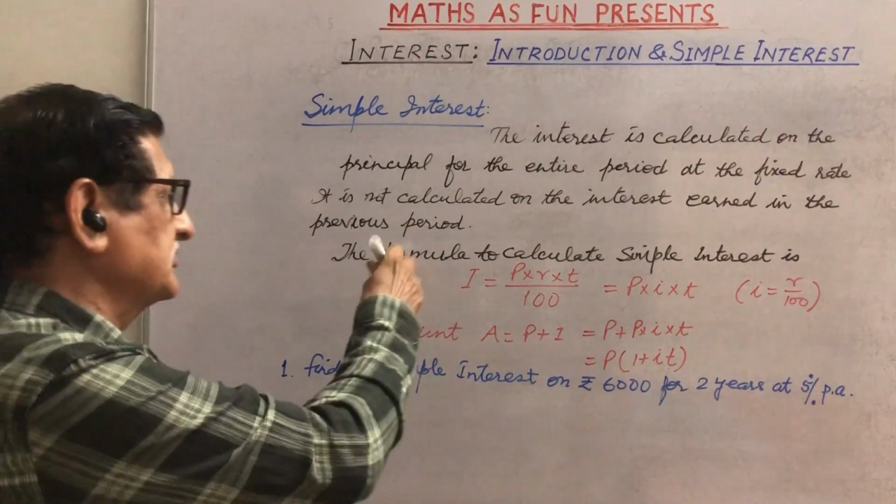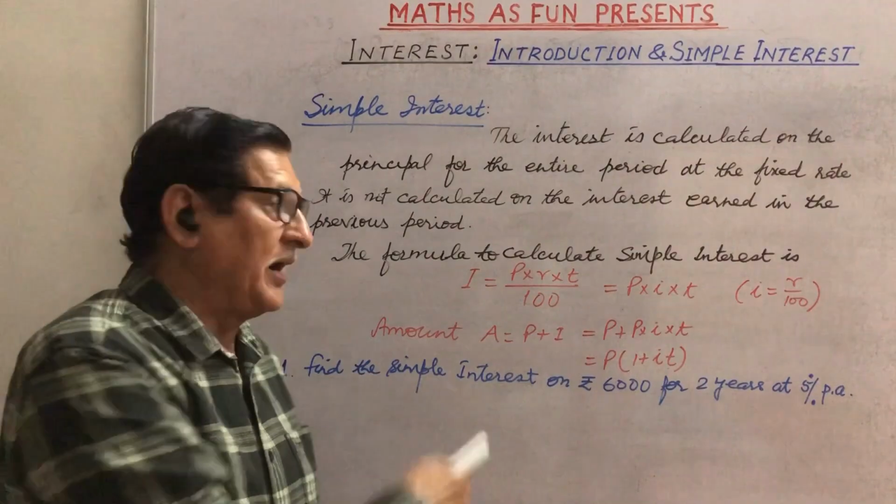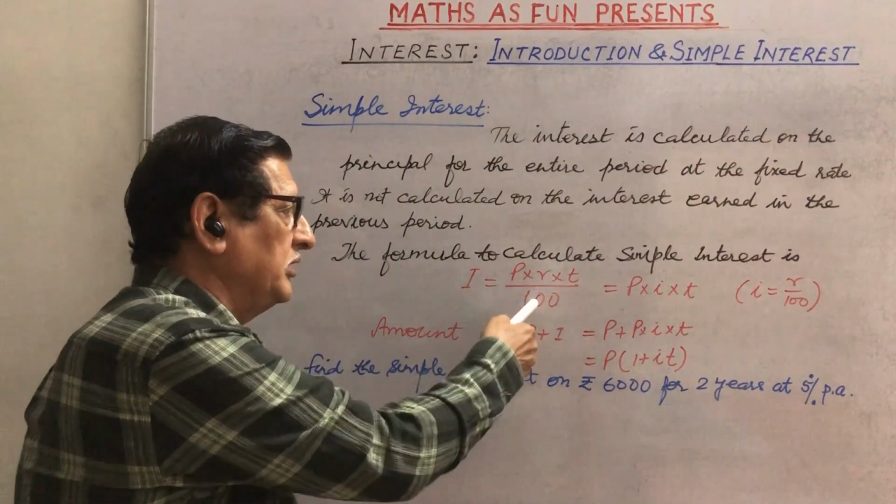The formula for simple interest is I equal to P into R into T upon 100.